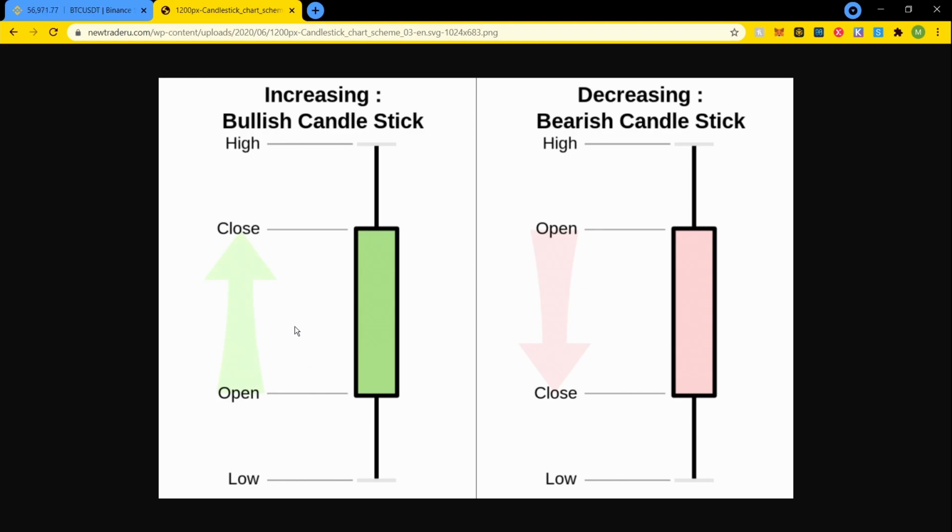All right, and now we move to the bearish candle, which is the red candle. Since a bearish candle is a downward trend, the opening price of this candle is on the top of the candle, at the beginning of the candle we may call it, and the closing price is at the bottom of the candle.